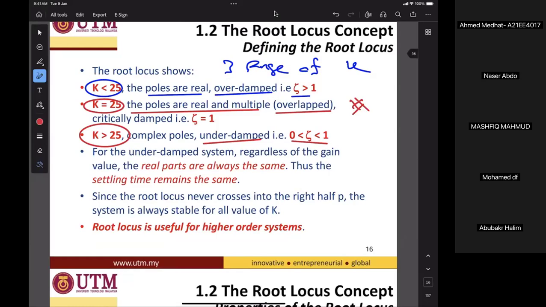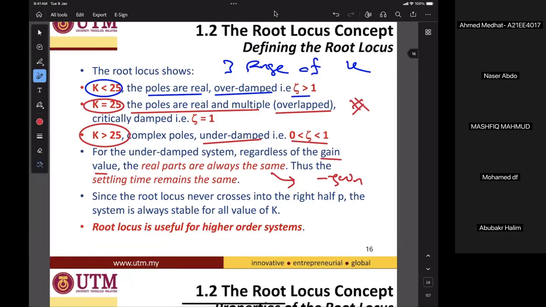So for the underdamped system, regardless of the gain value, the real part is always the same. The real part is the minus zeta omega n axis. Thus, the settling time remains the same.